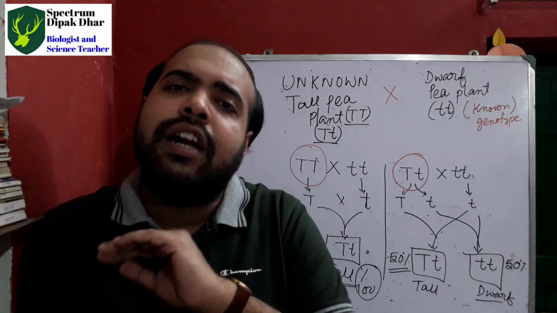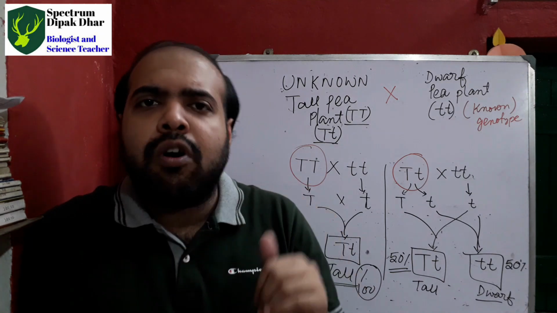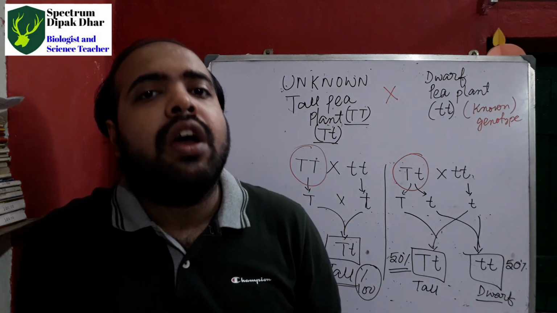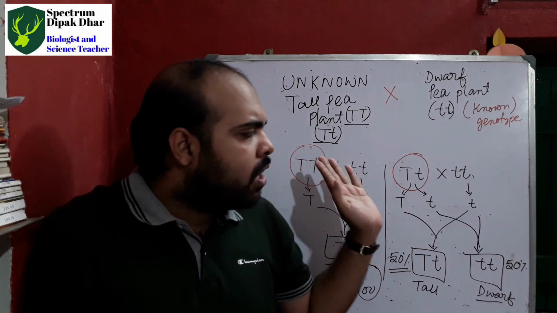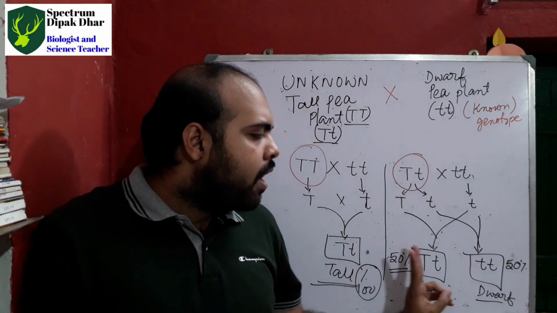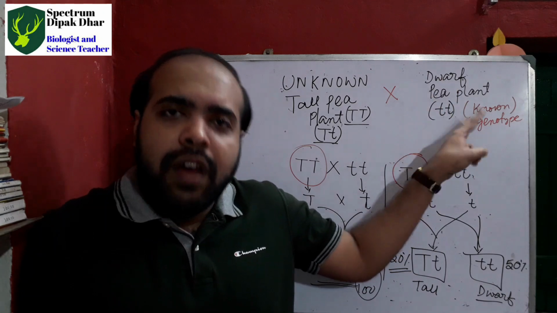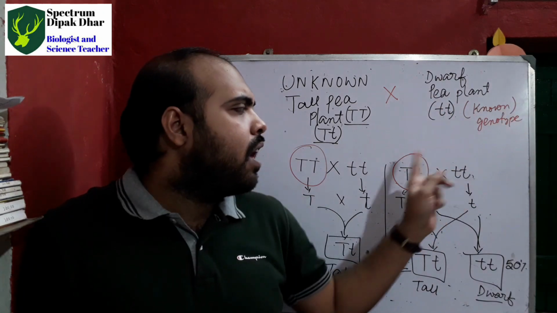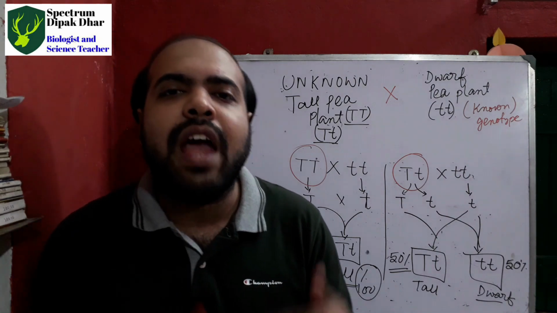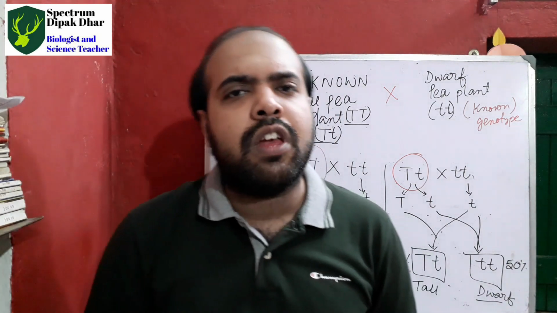If we get 100% phenotype of a single parent, then it is homozygous dominant in nature. If we get 50% of one parent phenotype and 50% of the other parent phenotype, then the unknown genotype is heterozygous in nature. So that's all about test cross and back cross.